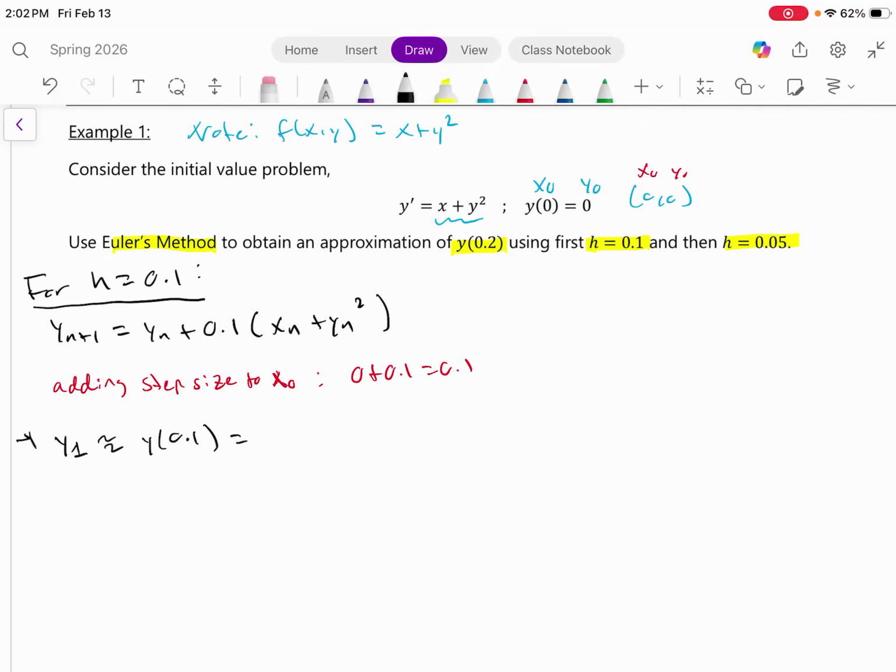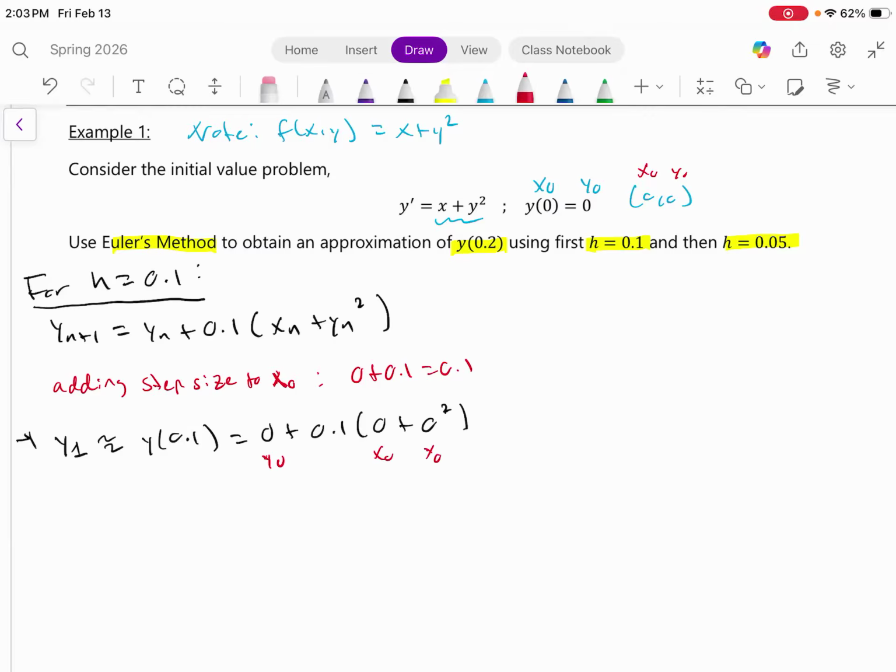And that's just me plugging in what I have already. So it would be 0 plus 0.1 times 0 plus 0 squared. Where am I getting these numbers from? Well, this is y naught, this is x naught, and this is also y naught.